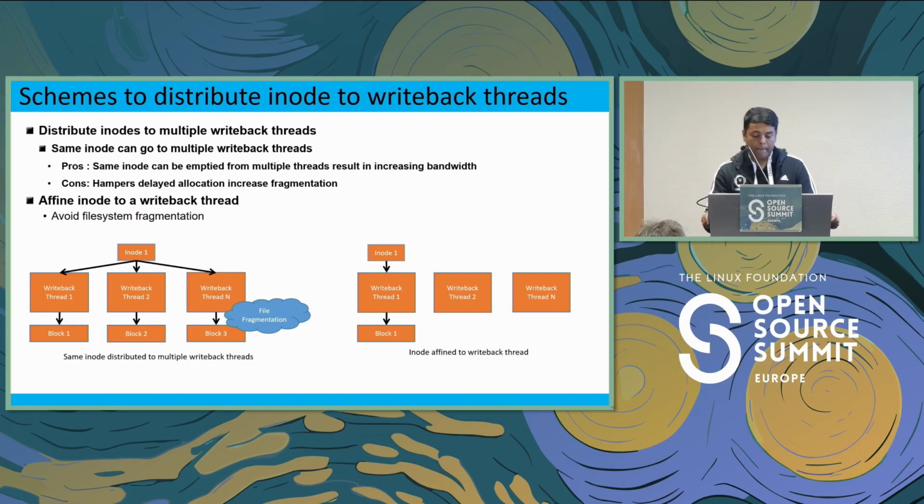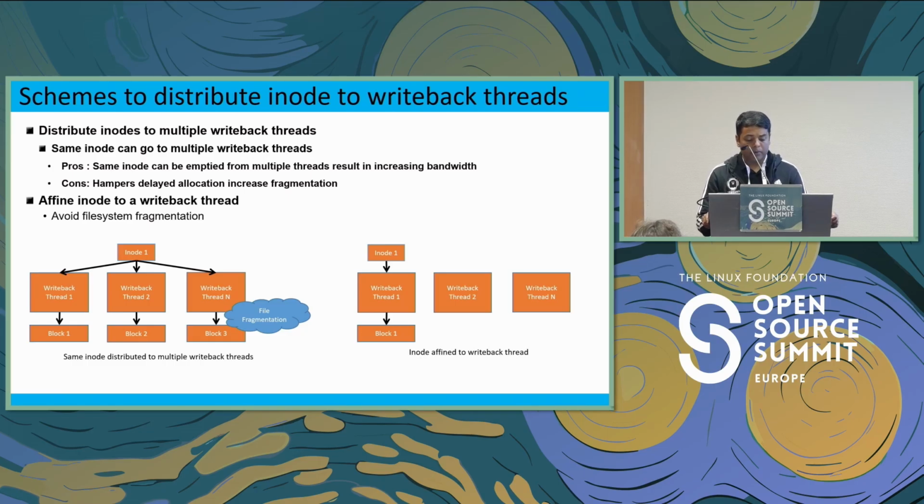Now we'll discuss the schemes to distribute the inode to the writeback threads. The initial scheme we tried was giving the same inode to multiple writeback threads. What happens because of this is, even if the application is writing to a single inode multiple times, we will have multiple invocations of writeback threads also. This increases the throughput a lot.